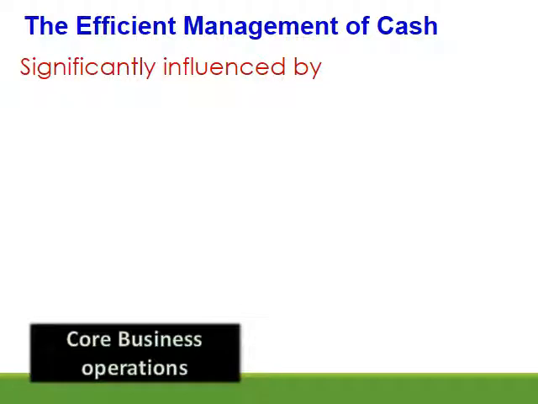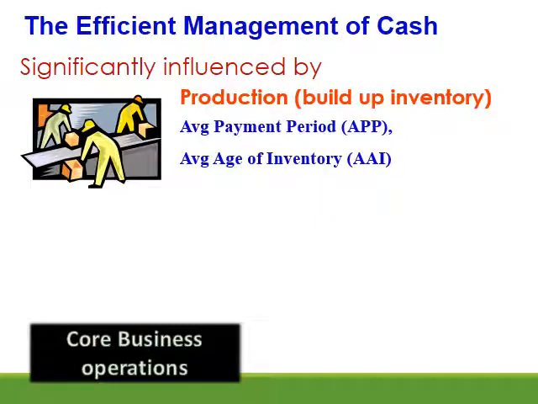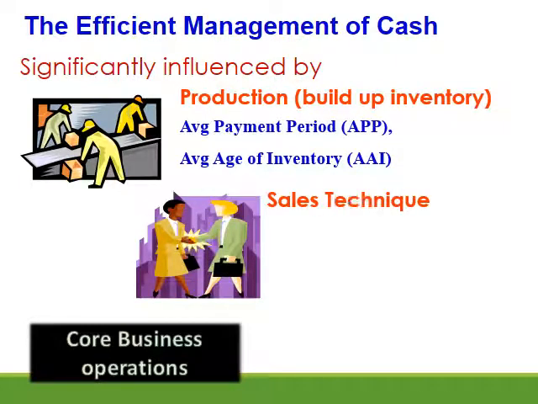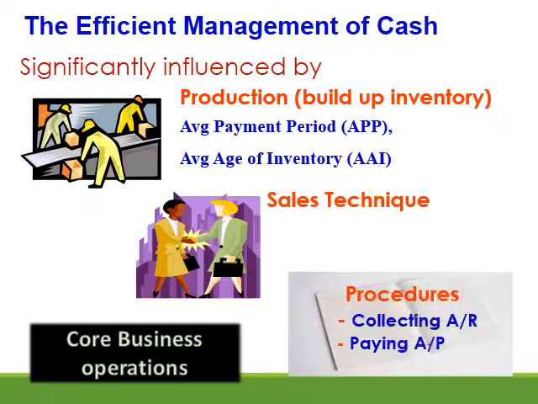The amount of cash balance and the marketable securities held are significantly influenced by production. Basically here we can see the production: you build up inventories, you produce the inventories, which basically involves accounts payable and inventory. Next are the sales techniques and procedures for collecting accounts receivable and paying accounts payable.